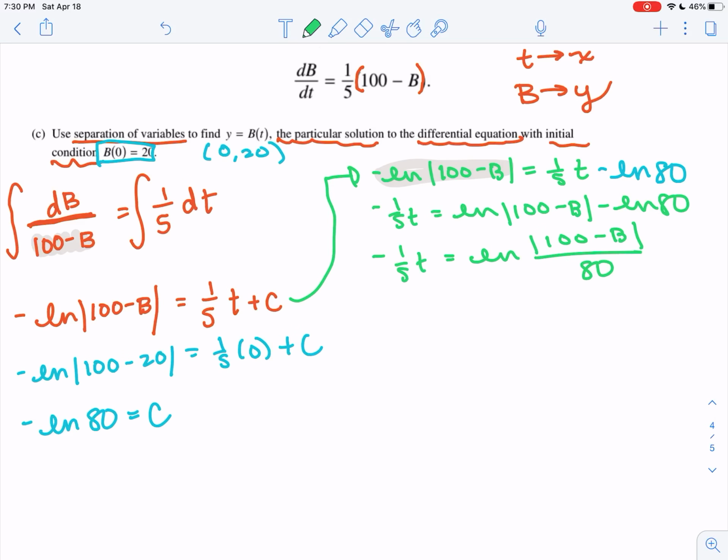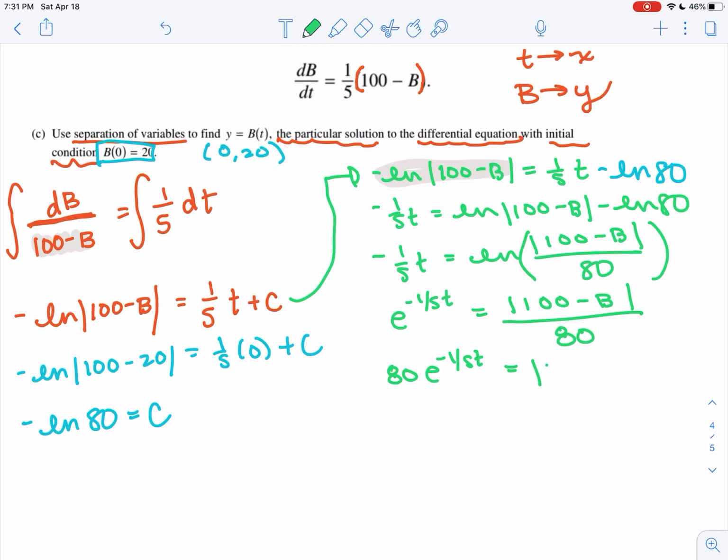Now we want to get rid of ln, that's ln of all of that, so we can exponentiate. Notice I've not dropped my absolute values on the 100 minus b since it has a variable in it. All right, multiply both sides by 80. To drop absolute values on one side, we need a plus or minus on the other.